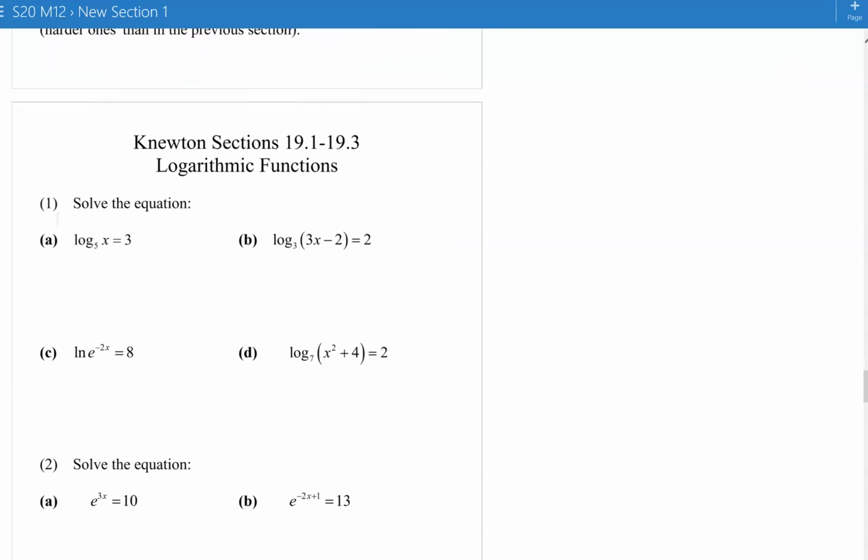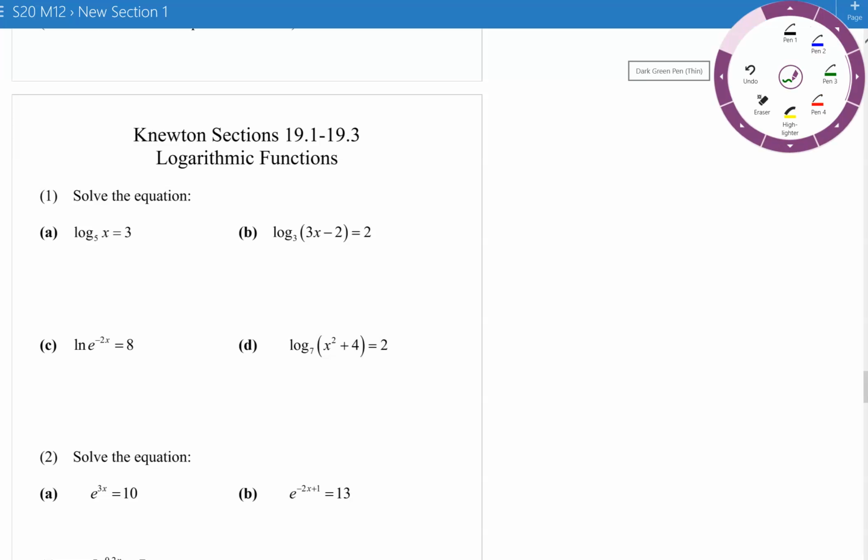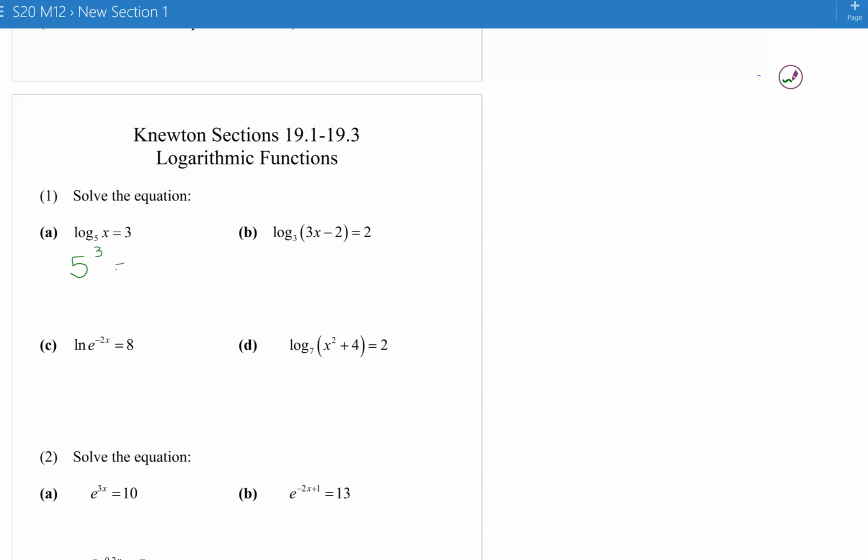So first we're going to look at pretty simple equations where rewriting in exponential form is going to be the key. So this first one, 5 to the power of 3 equals x, if I write this in exponential form, so x must be 125.